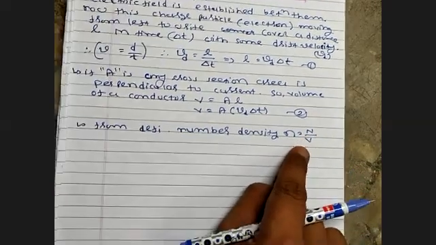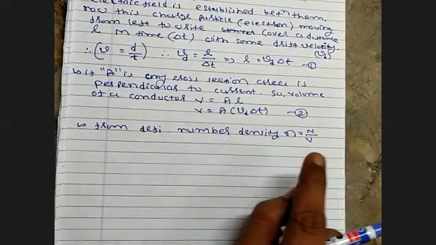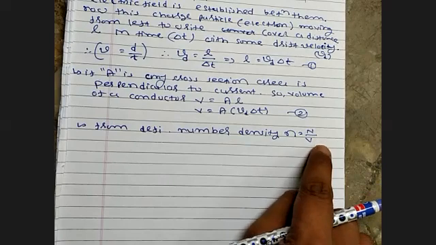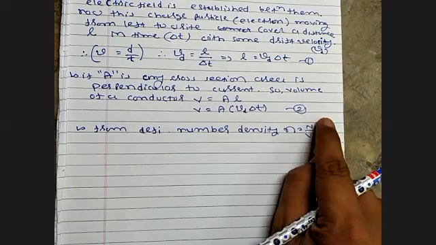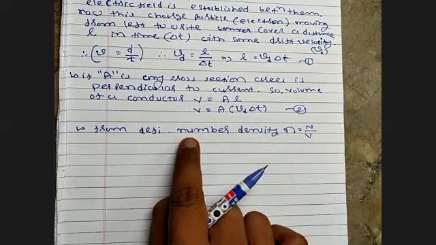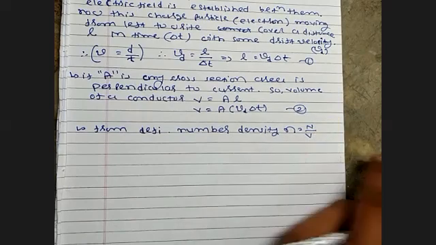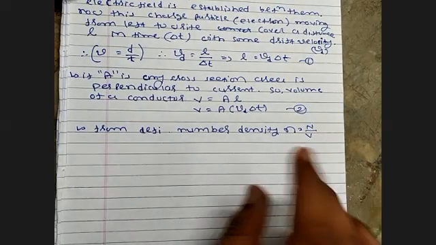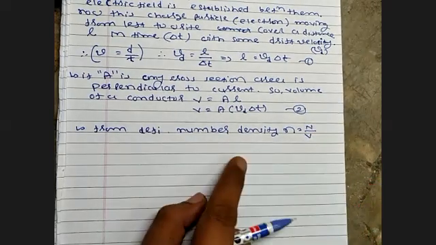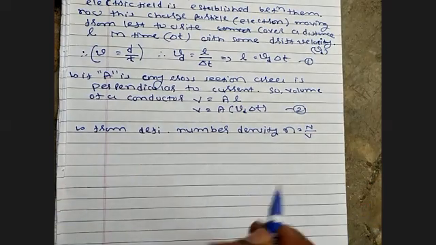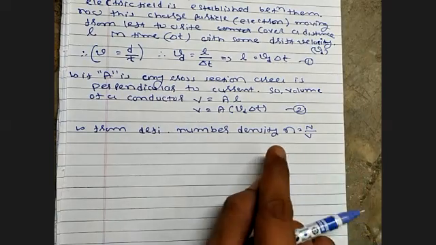As with mass density, it is mass divided by volume; energy density is energy divided by volume; charge density is charge divided by volume, and many more. Similarly here, number per unit volume gives you the number density.